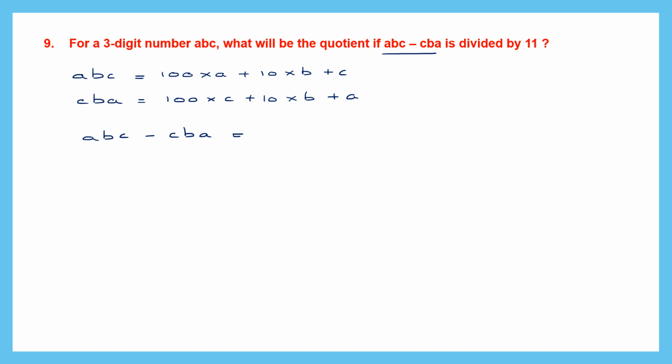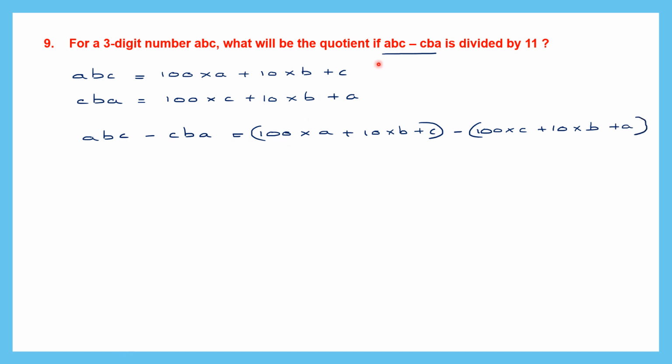I'm writing only that subtraction first. So ABC is 100 into A plus 10 into B plus C, minus 100 into C plus 10 into B plus A.